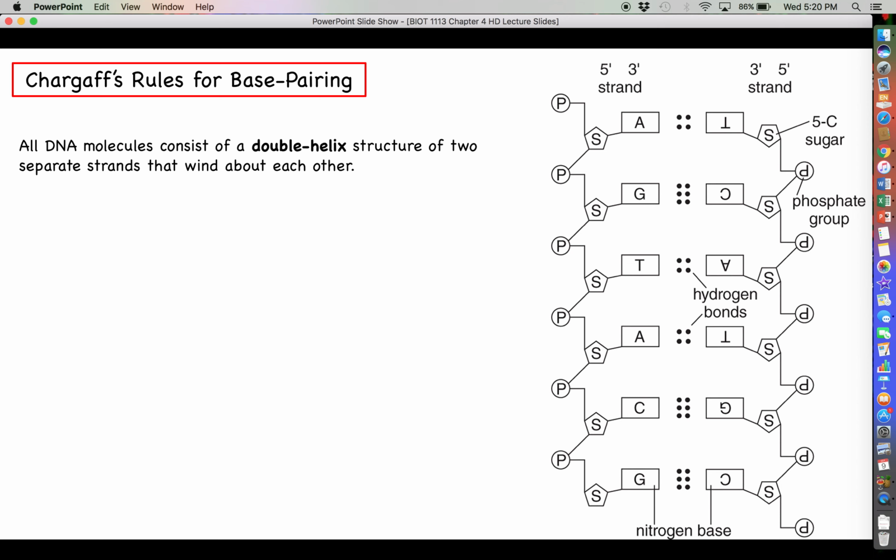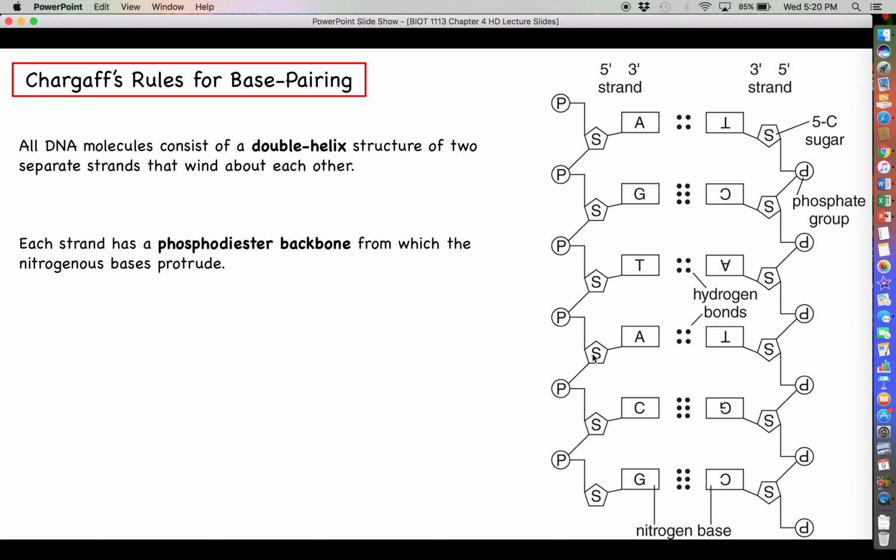All DNA molecules, as I believe we have mentioned before, are going to organize themselves into that telltale double helix structure where you have 2 different strands of nucleic acid that wind about each other kind of like a helical staircase. Each strand will have what's called a phosphodiester backbone. In this picture, the backbone is signified by S for sugar, P for phosphate, and then that backbone just repeats sugar, phosphate, sugar, phosphate, sugar, phosphate, sugar, phosphate.